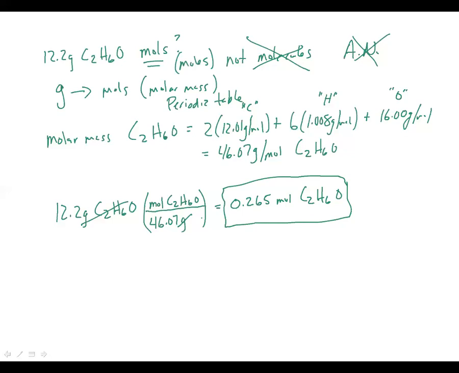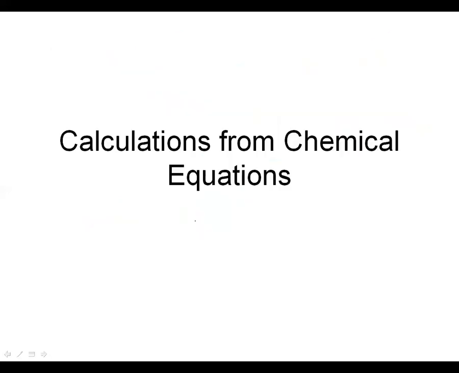All right, so we did a number of those examples, so hopefully that should help you. So we're going to get into just a little bit here of tying both of those concepts together. We're going to tie together grams, moles, and balancing equations to actually do some calculations from a balanced equation.